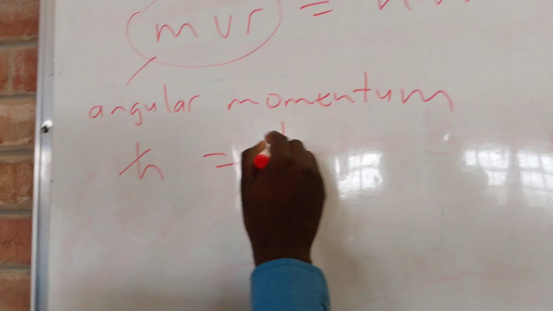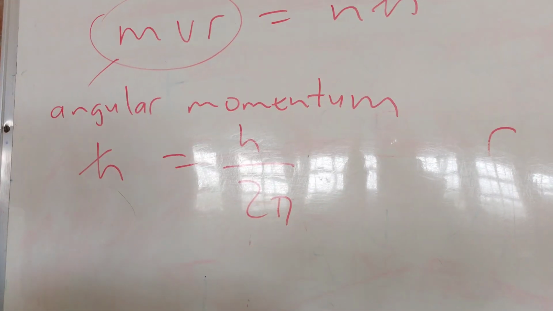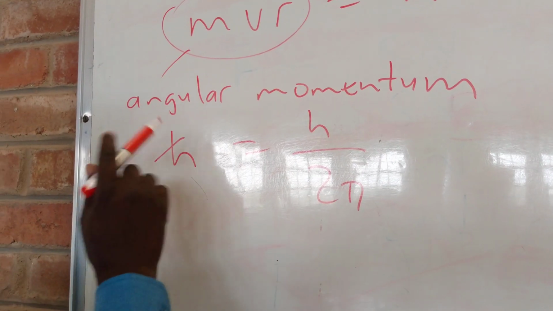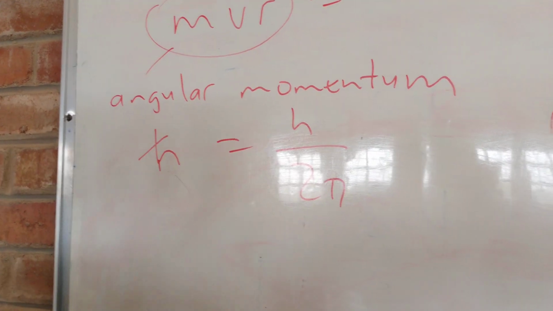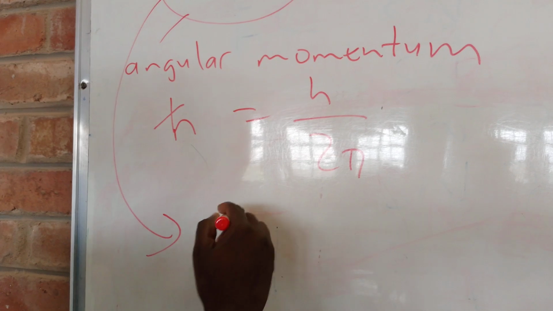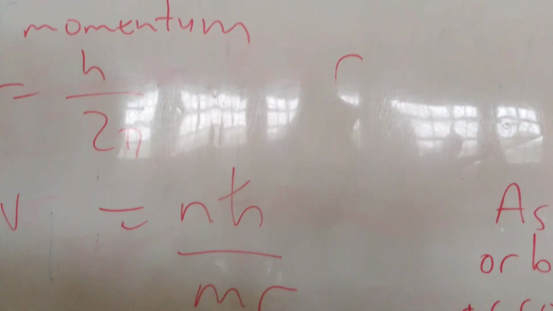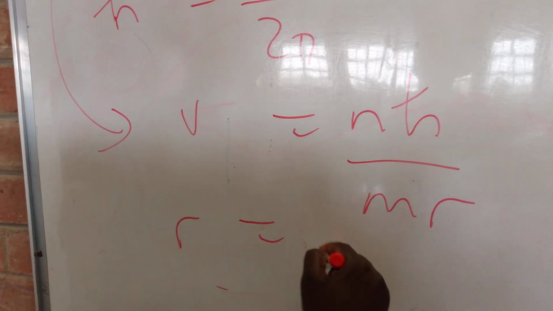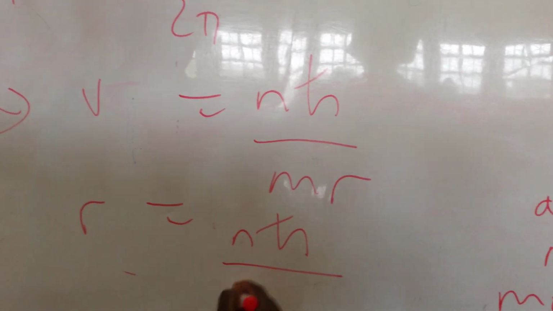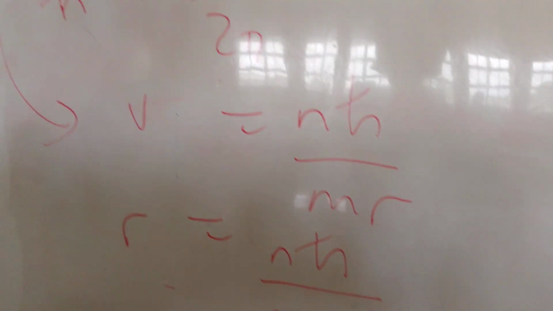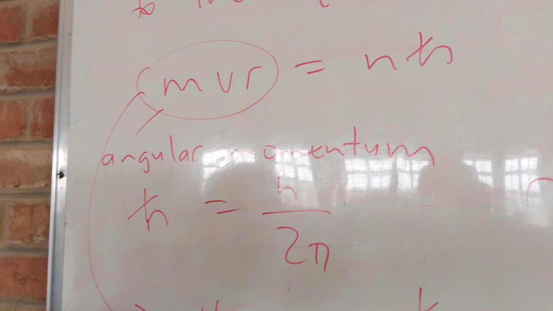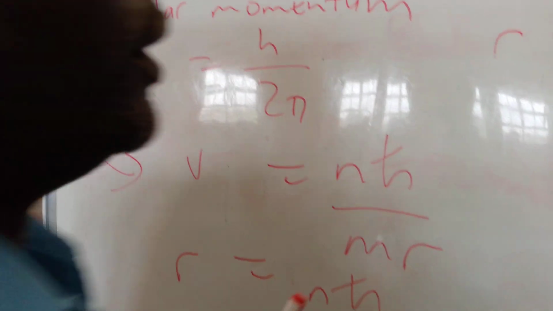H bar is equal to h over 2 pi. This is the modified Planck's constant. So this equation can be reduced to v is equal to n h bar over mr. Or r is equal to n h bar over mv.